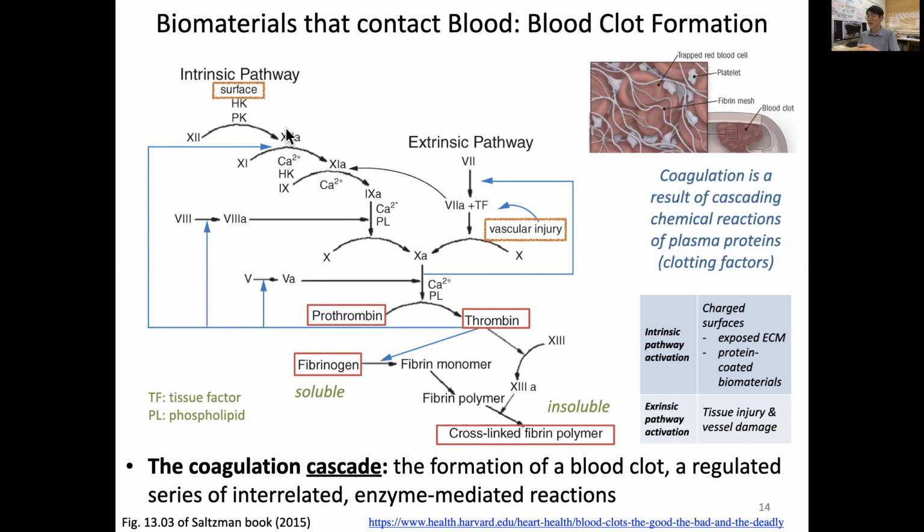So you can see this as multiple well-regulated steps, a kind of cascade. So we call it the coagulation cascade, which is the formation of a blood clot.